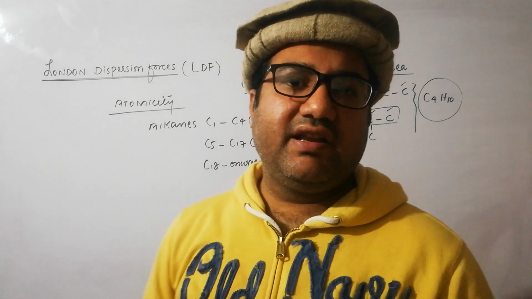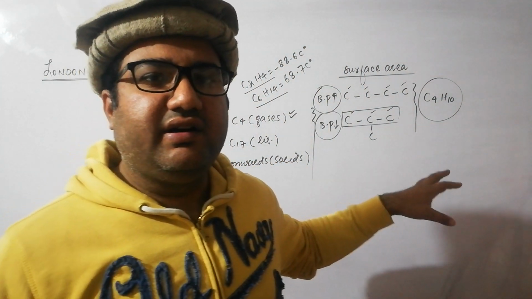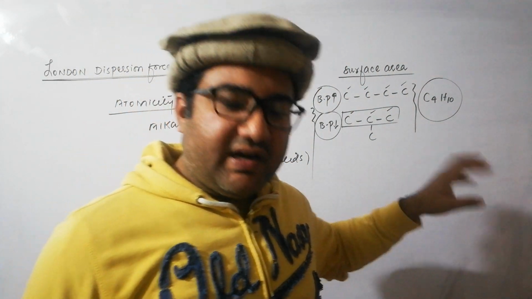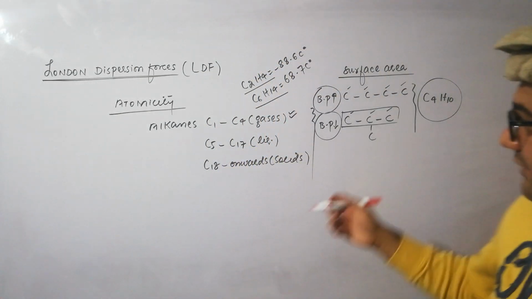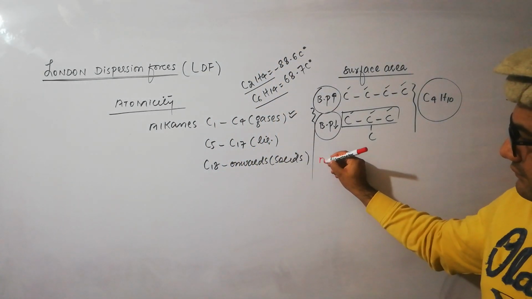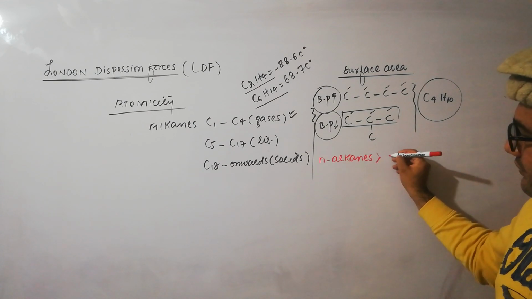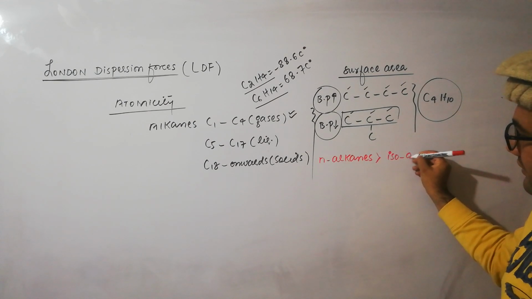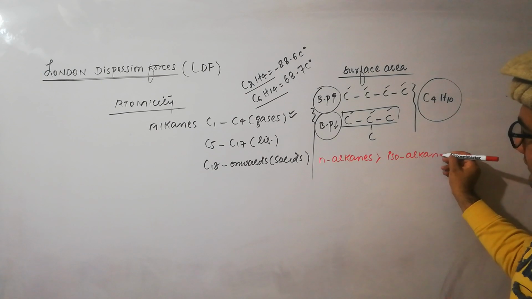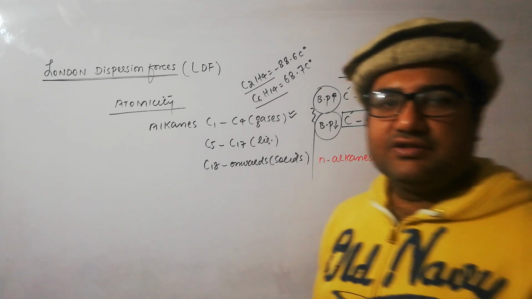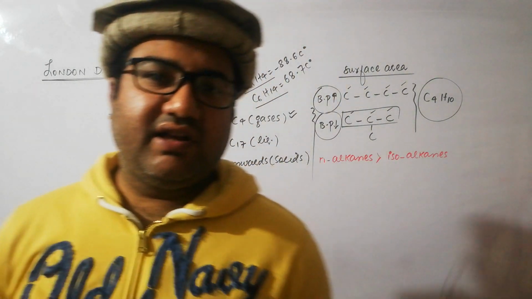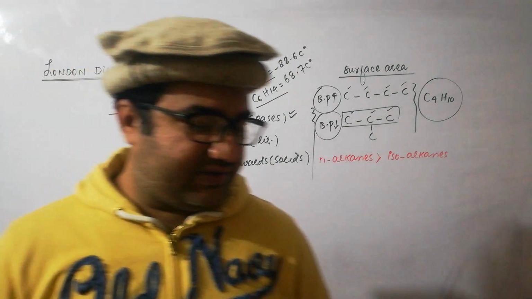Greater surface area gives rise to stronger London dispersion forces. So that's why we say that normal alkanes, meaning straight chain alkanes, always have higher boiling point as compared to isoalkanes, meaning branched chain alkanes.